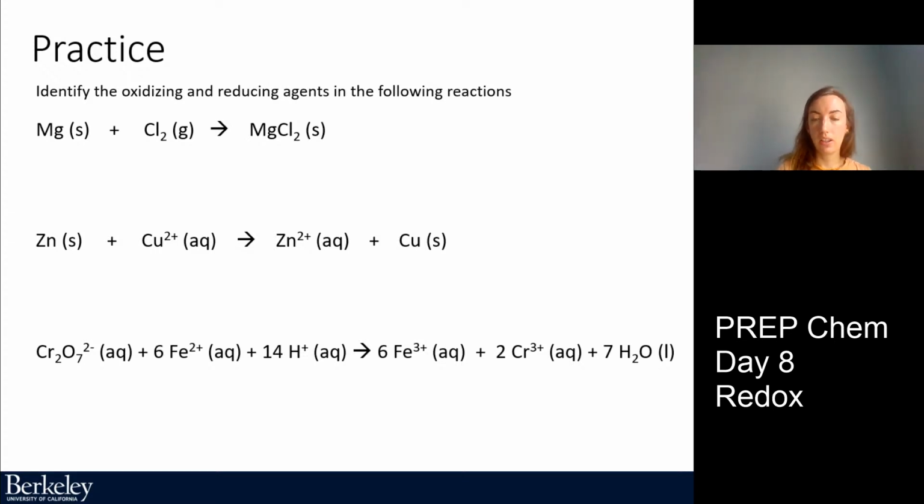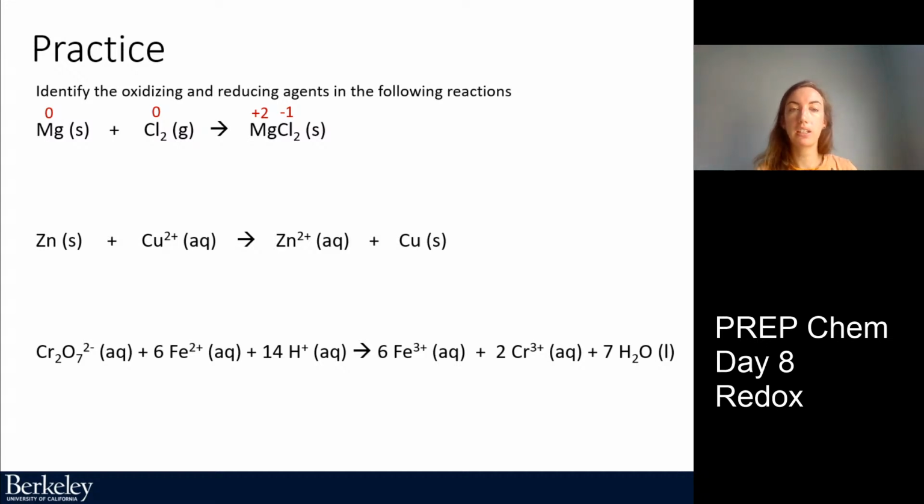Okay, so the first thing that we need to do, always with redox reactions, is to assign oxidation numbers. For the first reaction, Mg and Cl are both 0 at the start, so they are not bound to any elements other than themselves, and so they have an oxidation number of 0.